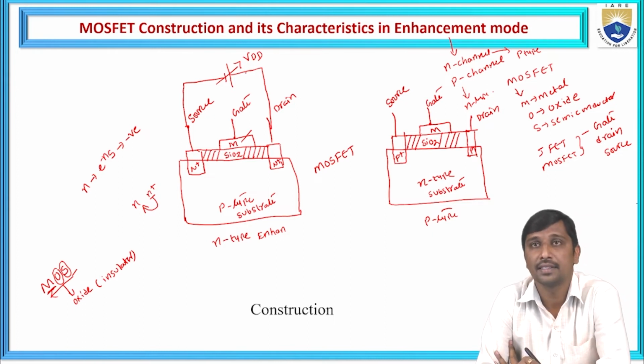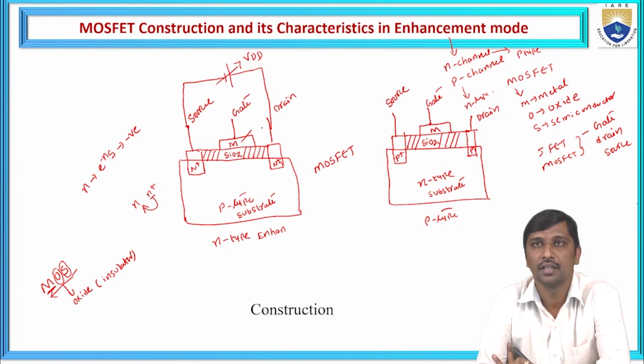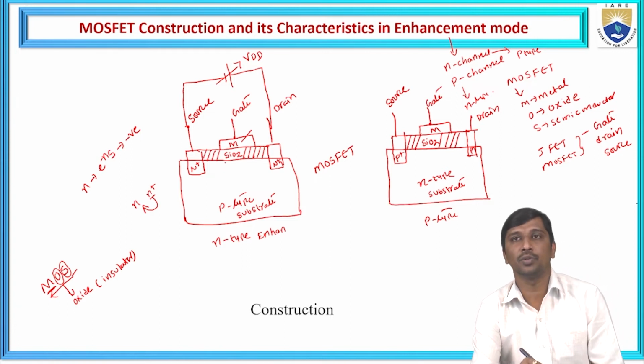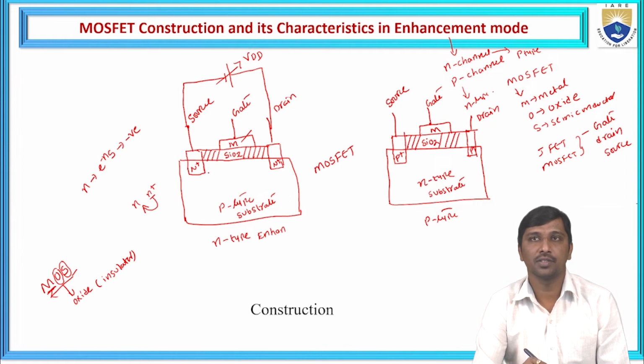Why is this biasing required? Due to this biasing, it diffuses the charge carriers from the source terminal to the drain terminal. But we need to induce a channel to reach all the charge carriers from the source to drain.